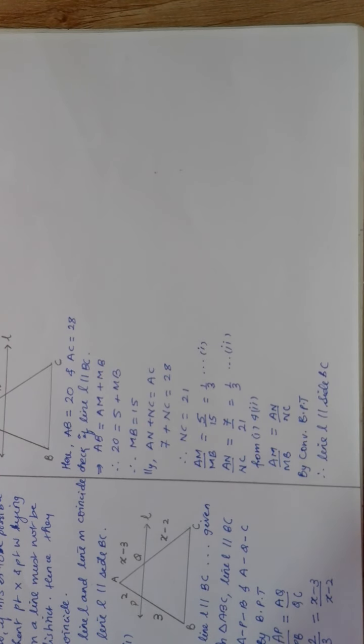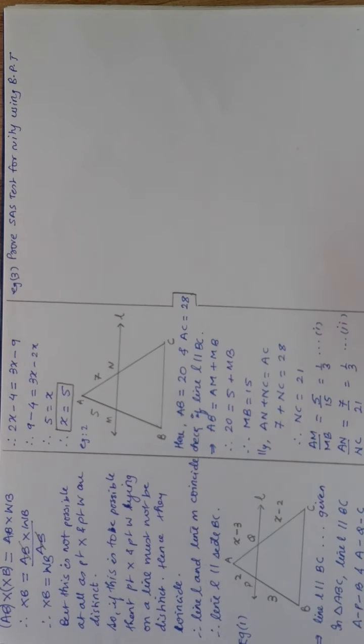Okay. Now, shall I take a question which is slightly offbeat the track? Okay. Maja aayega. Let us see. See the question, what it says. Prove SAS test for similarity using basic proportionality theorem.